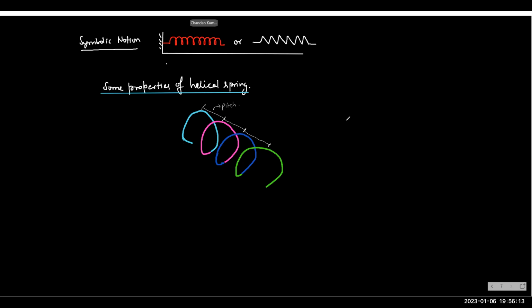And in natural length, when you're not deforming at all, let's say this entire length, we can call it L naught. So we are going to talk about something called the massless spring. Our assumption is going to be massless.